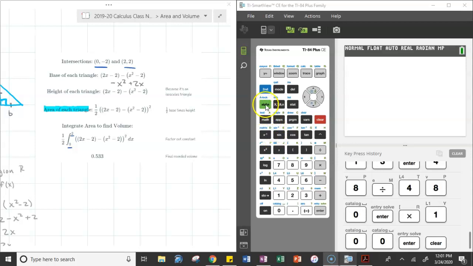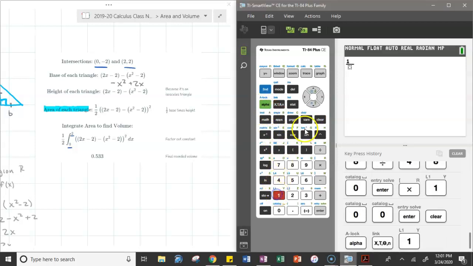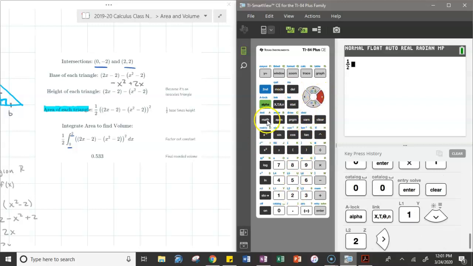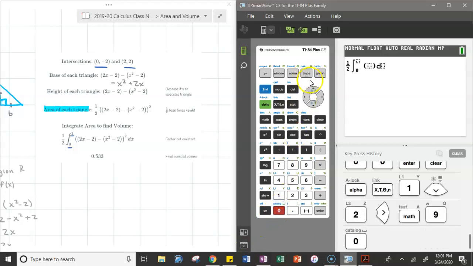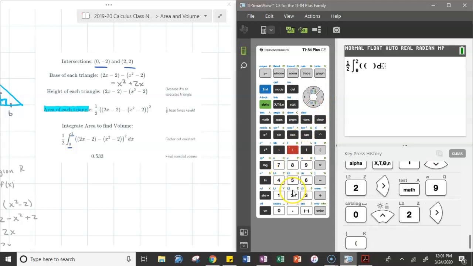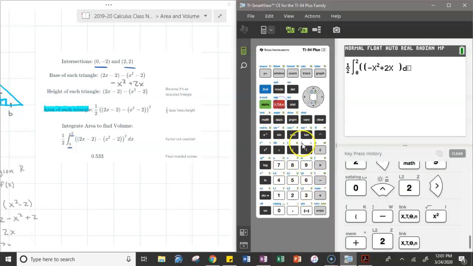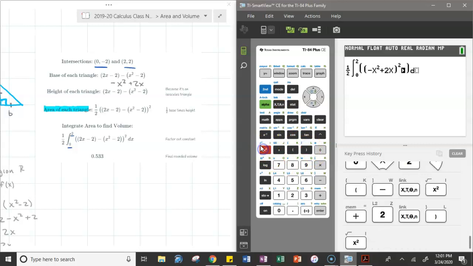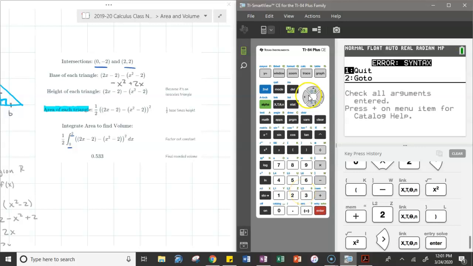To type this in, start with the 1/2 out front, then math 9 to get the definite integral from 0 to 2. I'm going to put in the simplified version, negative x squared plus 2x, quantity squared, dx.